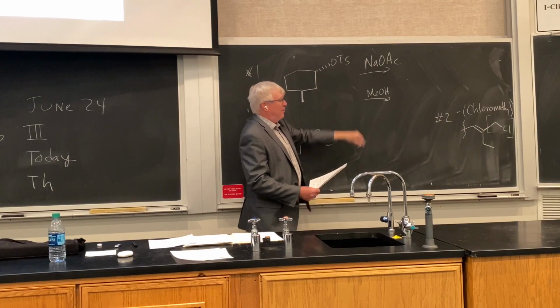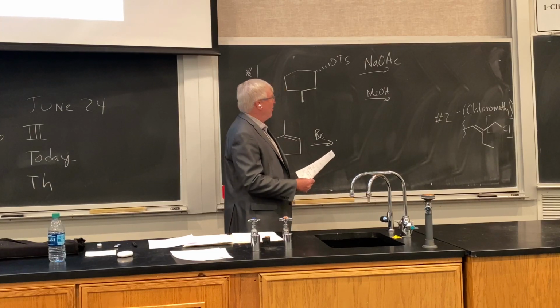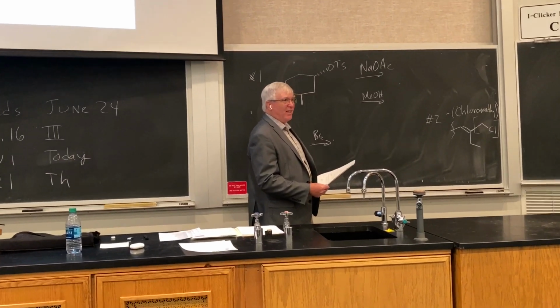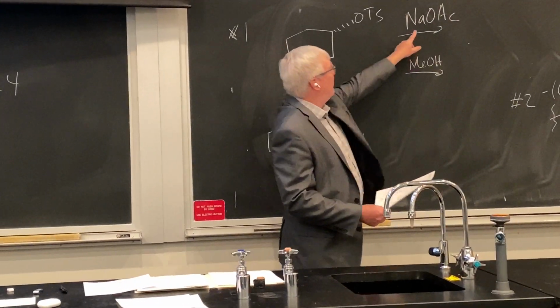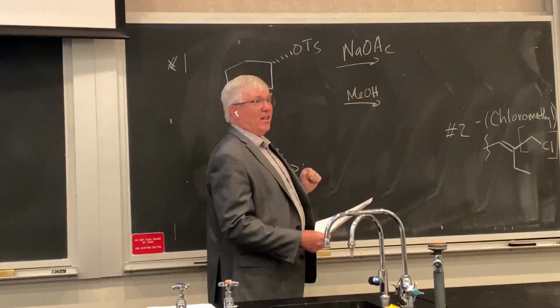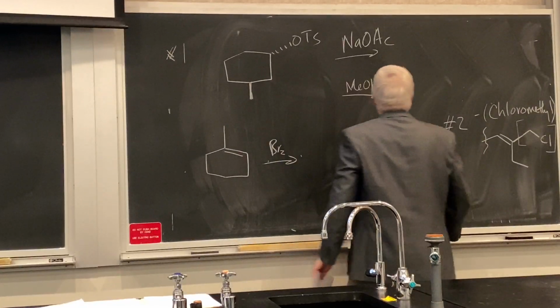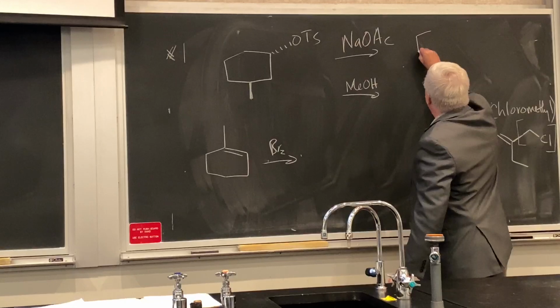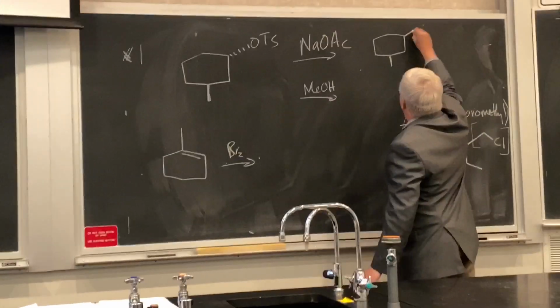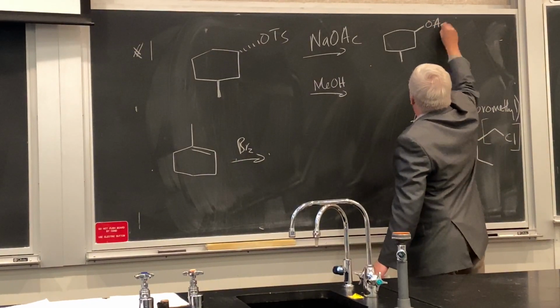And then you got some options here. There's a couple I'm showing here. The one, sodium acetate. You should know what acetate stands for. It's charged because you have the sodium. So what type of reaction is this going to be? Right, SN2 reaction. Now that will invert the stereochemistry. So there's only one product here. And it's going to be what? The cis acetate.